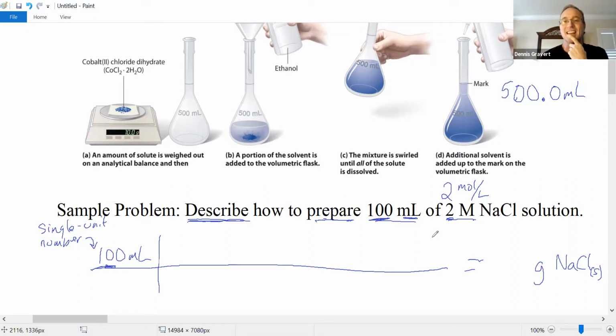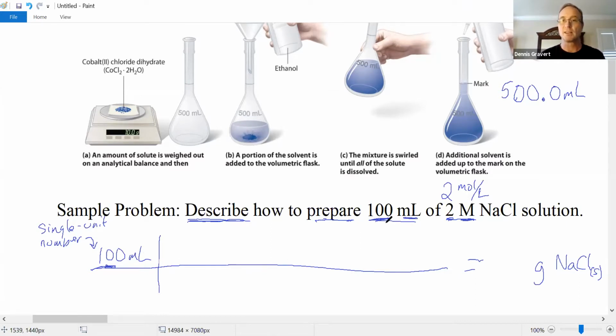So what else have we got? We've got molarity. Ooh, and molarity has liters in it. There's a connection. So in the units of molarity, there's liters here, and we start with milliliters. So there should be a way to cancel out the milliliters, change them to liters, and then use this number to change to moles. Let's try that.